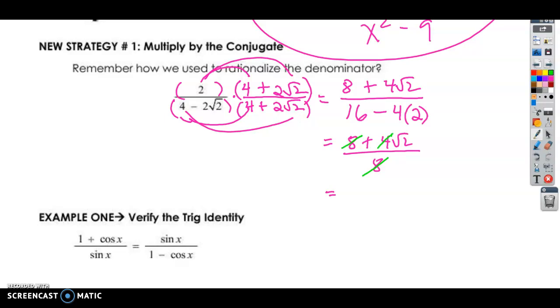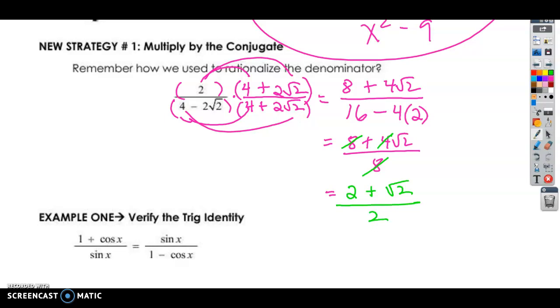However, we have to pull out a number that goes into 4 as well. And it looks like we're only going to be able to divide by 4, because 4 goes into 4 and 8 and 8. So 4 goes into 8 2 times, 4 goes into 4 1 time, so it's just root 2 over 4 goes into 8 2 times.